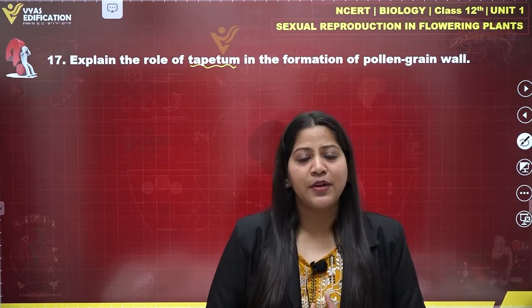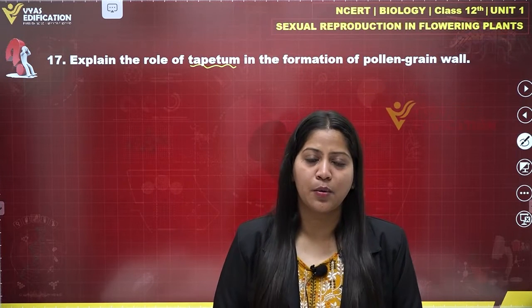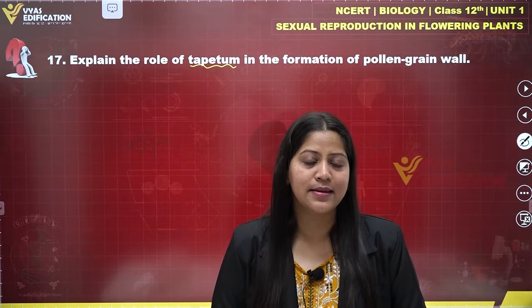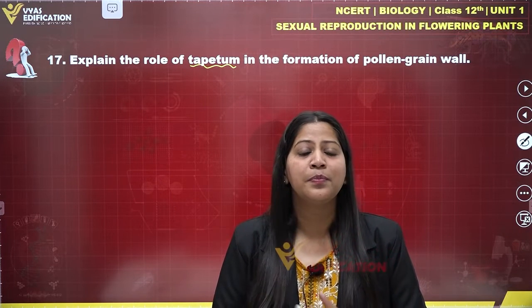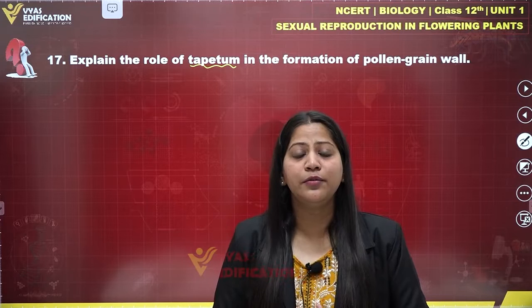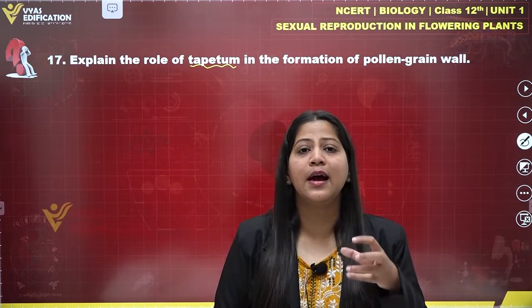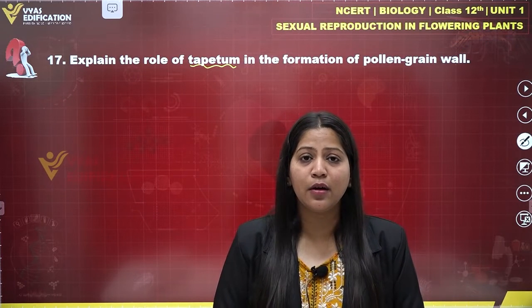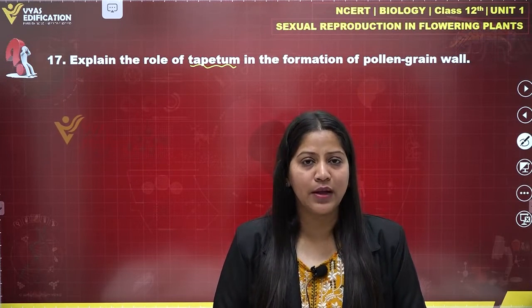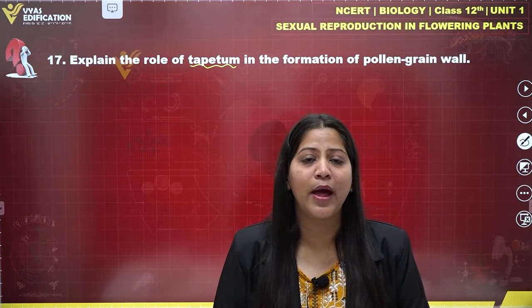The cells of the tapetum layer produce various enzymes, hormones, amino acids and other nutritive materials for the development of pollen grains. Also, it produces the exine layer of pollen grain. The outer layer of pollen grain, known as exine, is composed of sporopollenin substance.